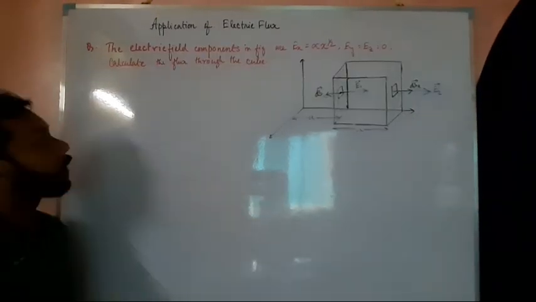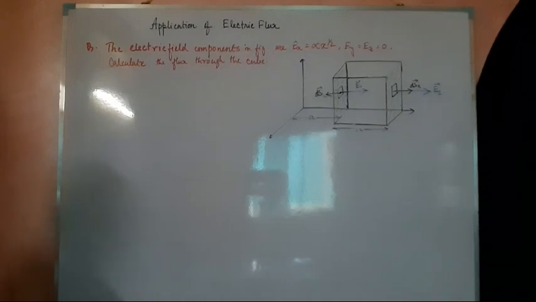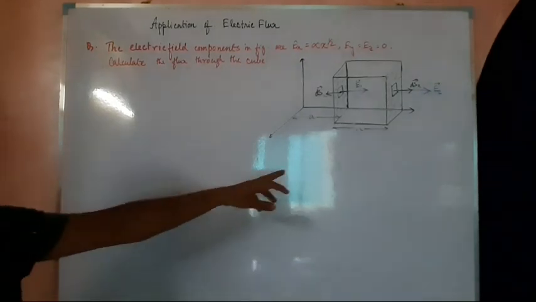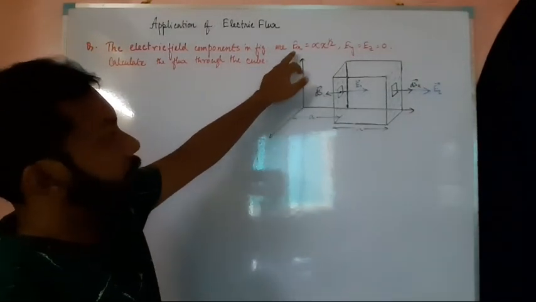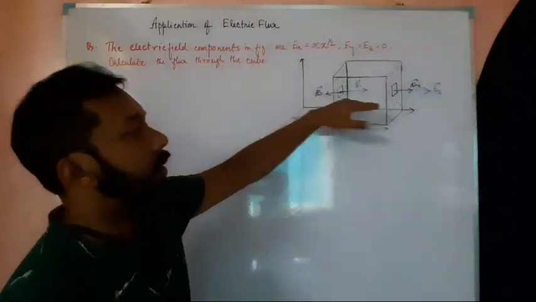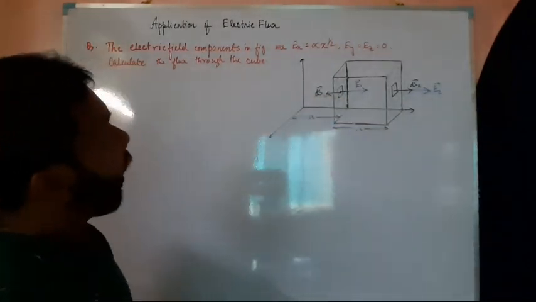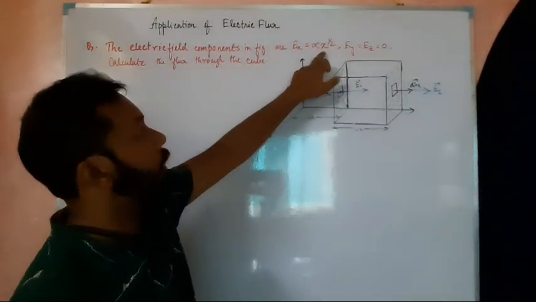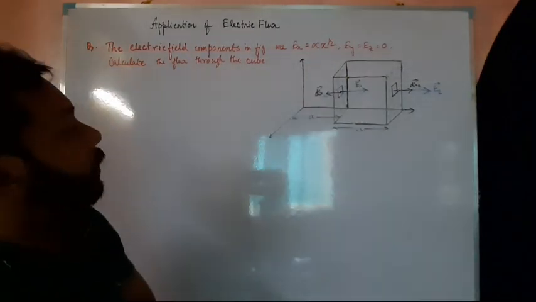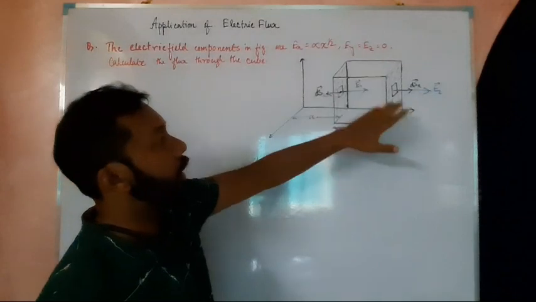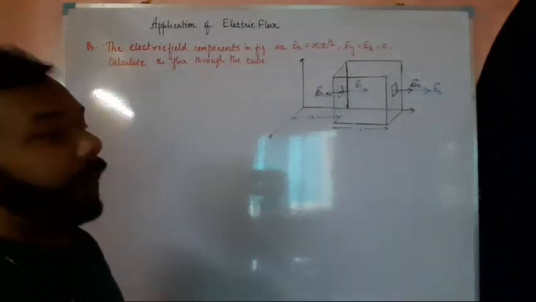Okay, students, let us look at this problem. Here it is said the electric field component in this figure is Ex. That means the electric field is directed along the x-axis, and it is a function of x also, alpha x to the power half. It is also given that the y component and z component of the electric field are 0.